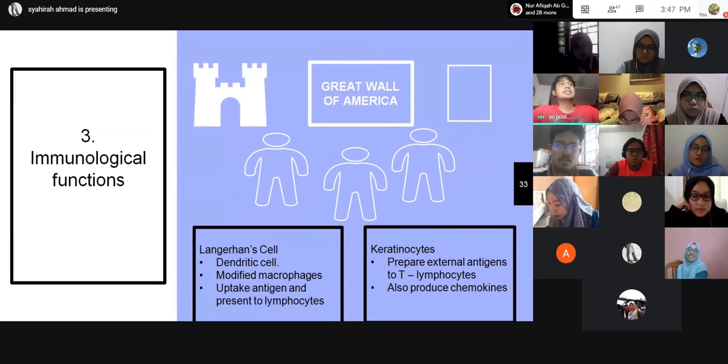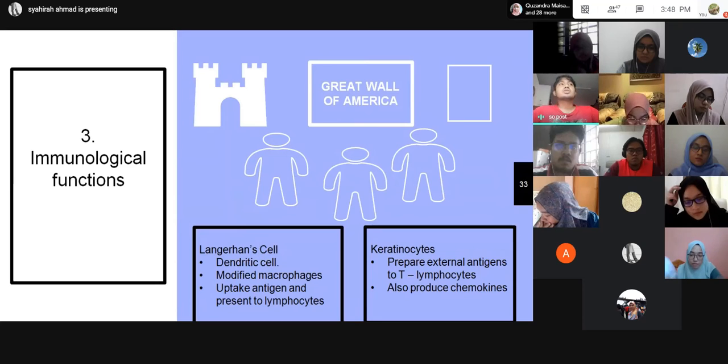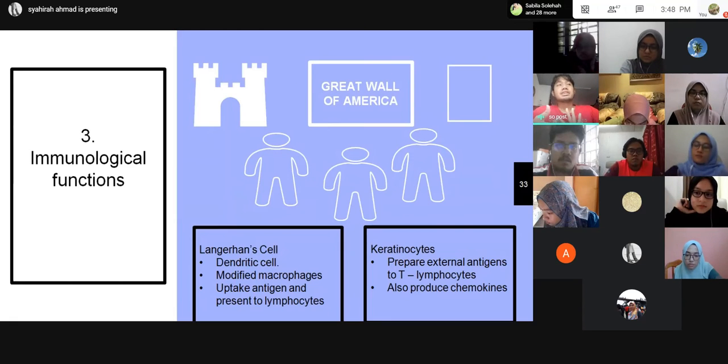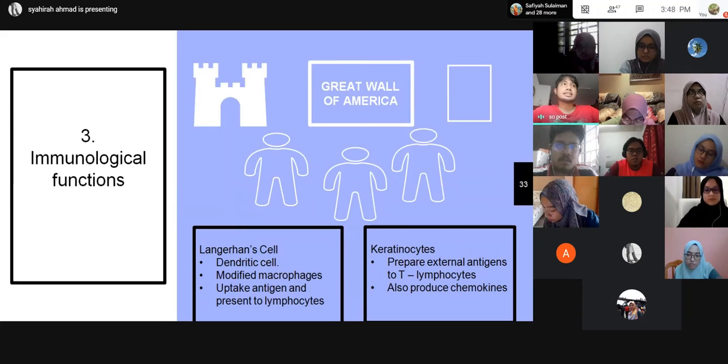Third, skin also provides immunological function. As we know, skin has Langerhans cells. Langerhans cell is a dendritic cell, also a modified macrophage. Okay, these cells are the first line of immunological defense against environmental antigens.